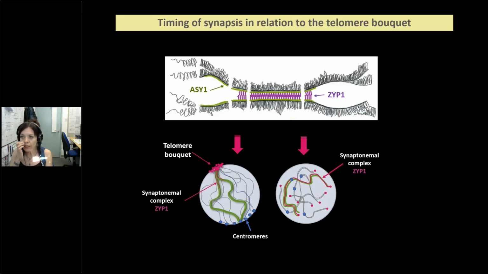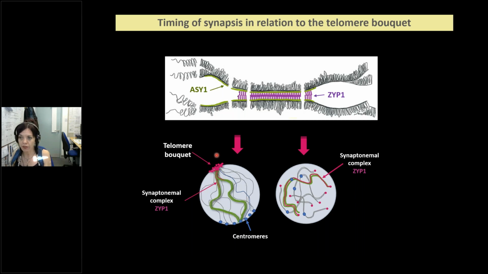However, there was still another possibility, which is that even if the amount of synapsis was the same, the timing was different. So I decided to follow the timing of synapsis in relation to the telomere dynamics, because in many species, including wheat, the process of synapsis starts from the ends of the chromosomes, while the telomeres cluster at one pole of the nucleus, forming what is known as a telomere bouquet.